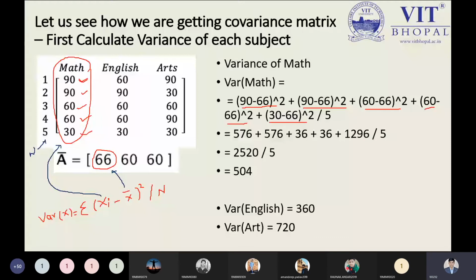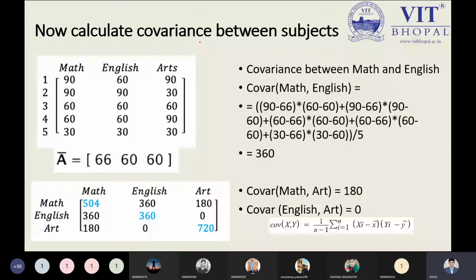Let me show my proof here of how we can get the covariance. Before telling everyone, keep in mind covariance can be used after determining the variance value. We have calculated the variance. Now it's time to calculate the covariance between subjects.